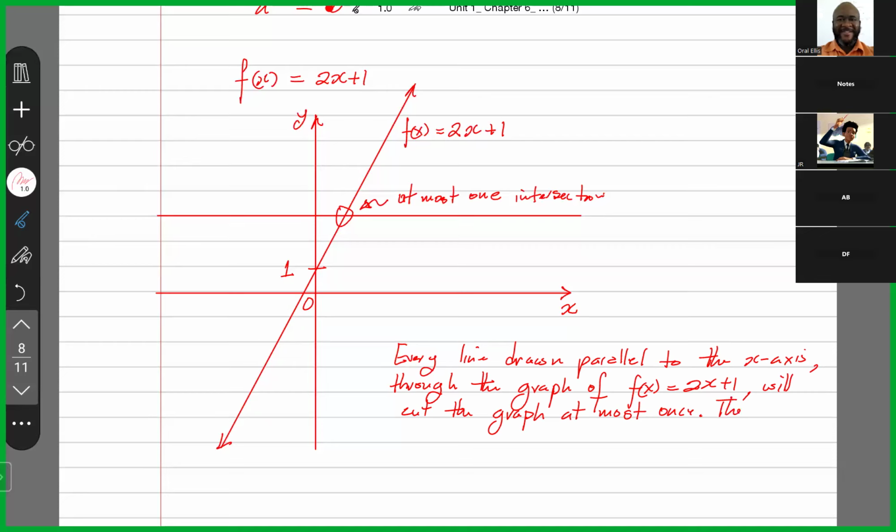Therefore, f of x is equal to 2x plus 1 is injective, which is just another way of saying one-to-one.